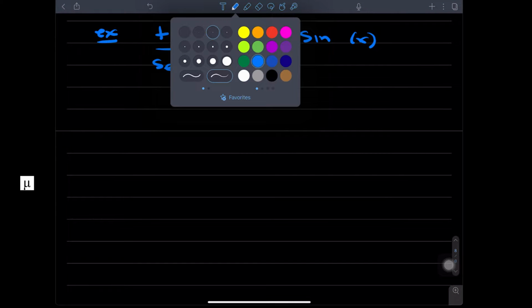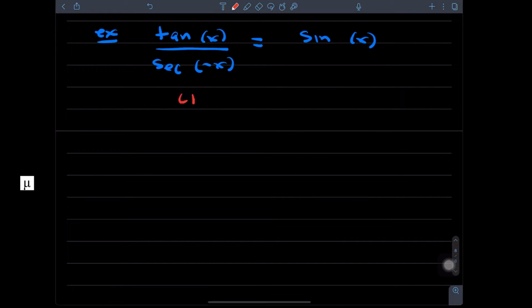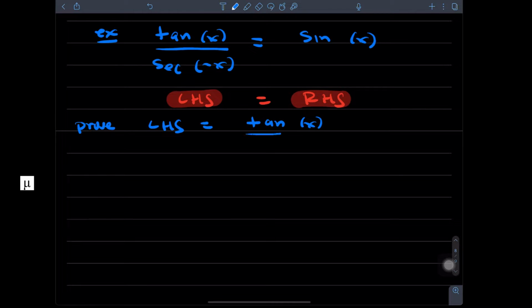So we have that left-hand side equal to the right-hand side. Let's say prove. The more complicated side is on the left again. That seems to be the pattern of the author. Secant minus x.